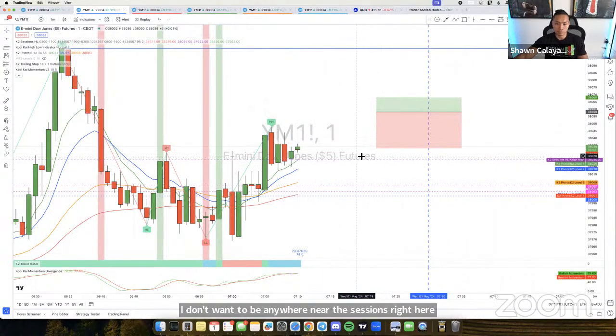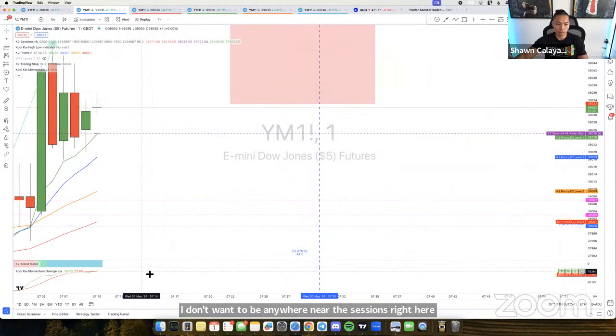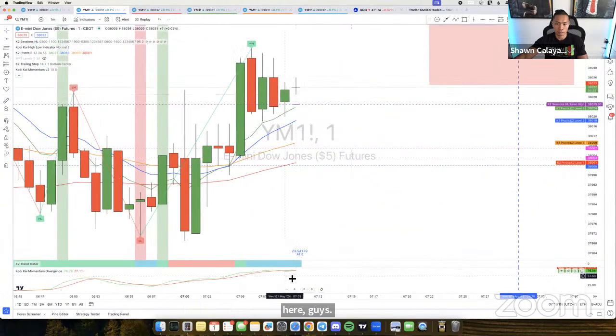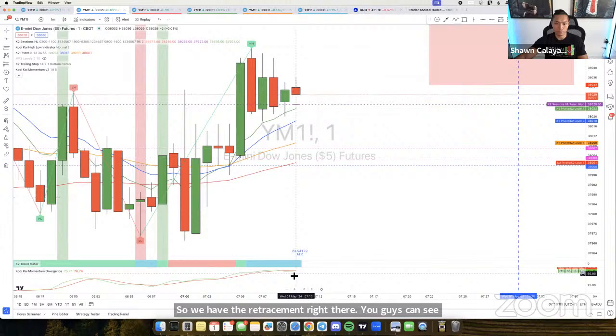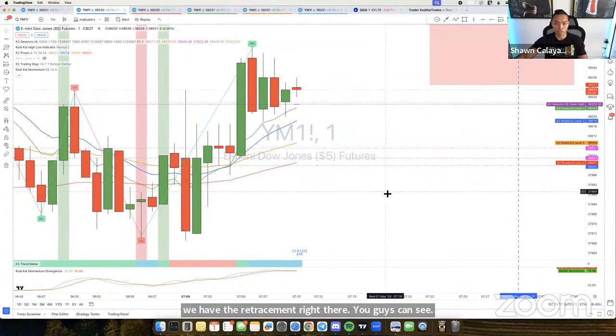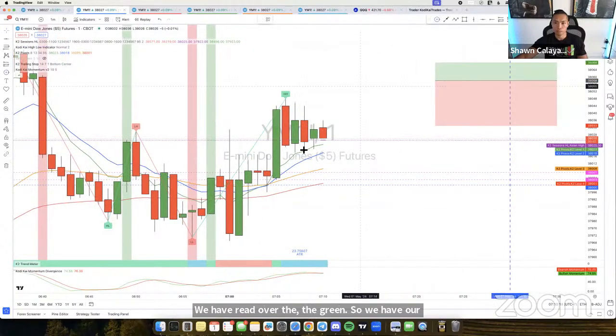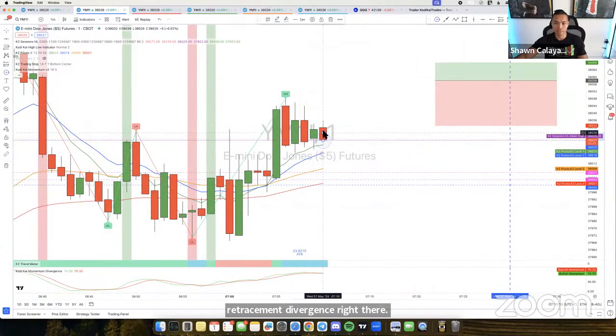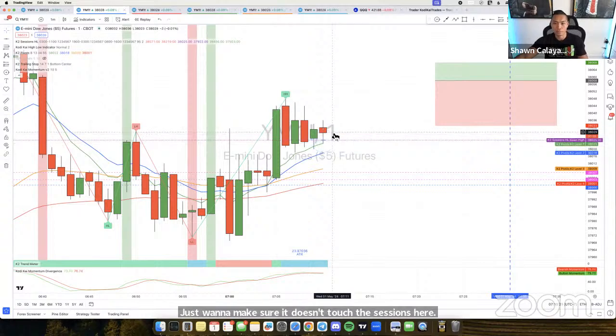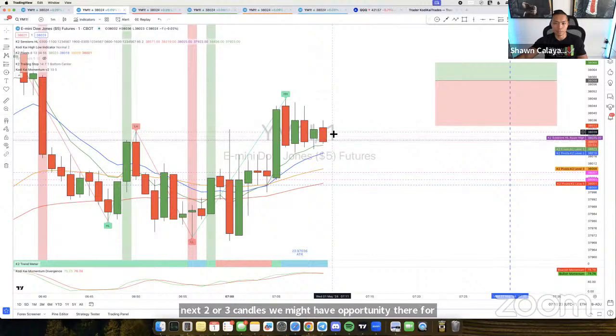Okay, perfect. So this might be a momentum divergence here, guys. So we have the retracement right there. You guys can see we have the red over the green. So we have a retracement divergence right there. So I want to make sure it doesn't touch the sessions here. Okay, so this is touching the sessions. This isn't going to be the entry, of course, but maybe in the next 2 or 3 candles, we might have opportunity there for a momentum divergence type entry.